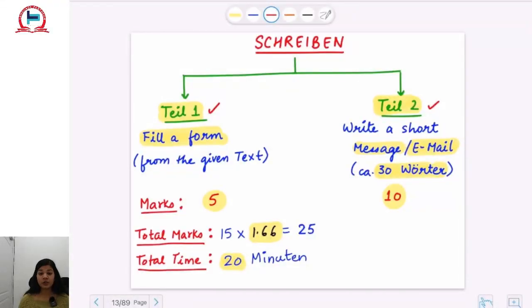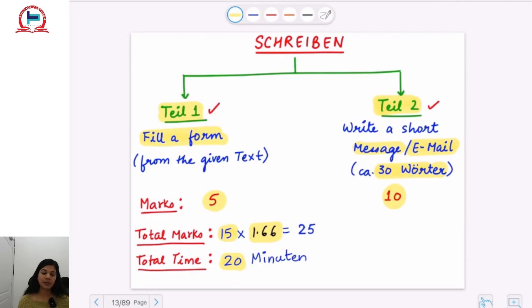Because in Teil 2, you have to write entire sentences, and that will require time. So try finishing Teil 1 in as little time as possible, and give the most time to Teil 2, because that has more weightage. Now once again, 5 plus 10, 15.